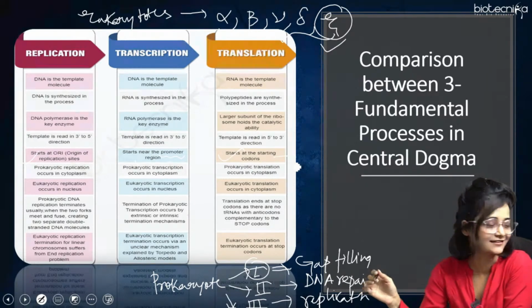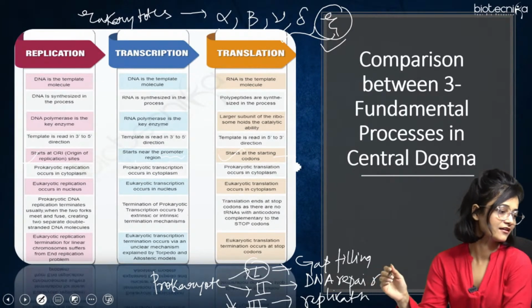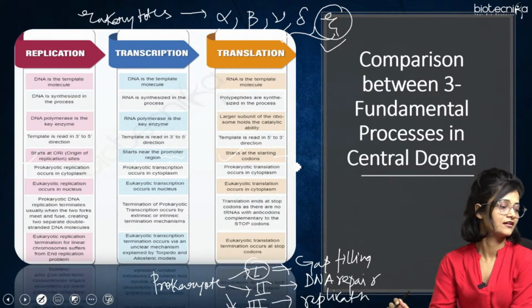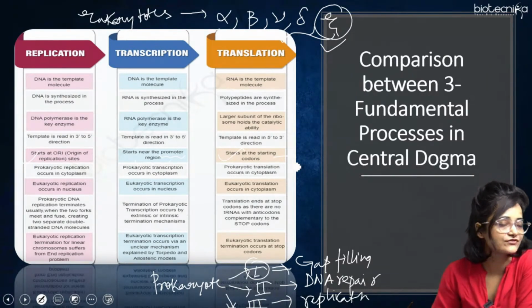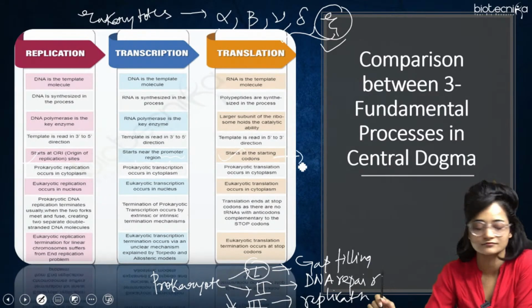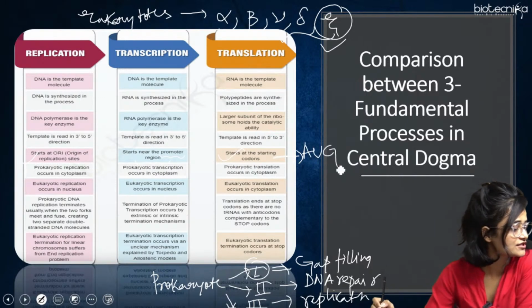This is very basic, all of you should know this. What is the general start codon in translation? Yes, it is AUG. Prachi said AUG, Sovri said AUG.